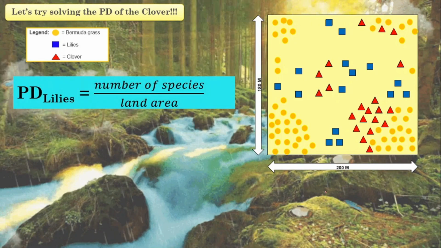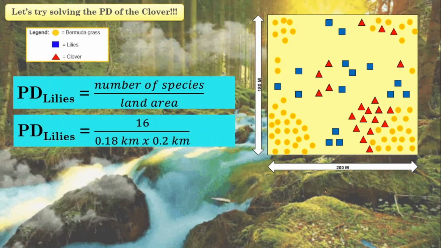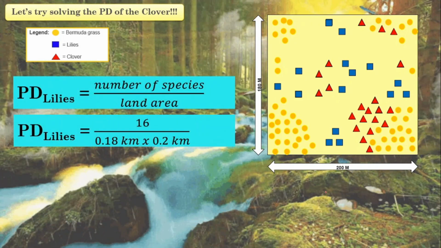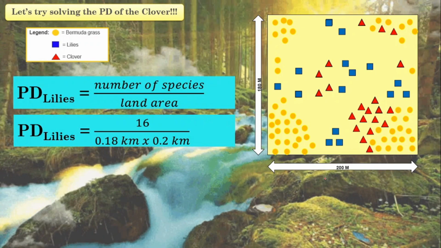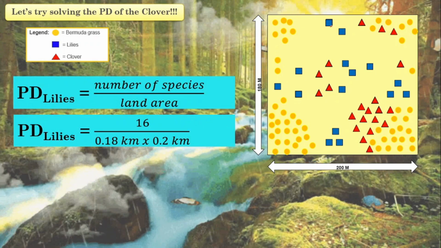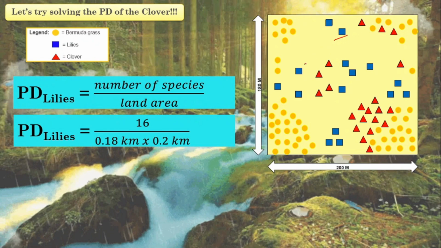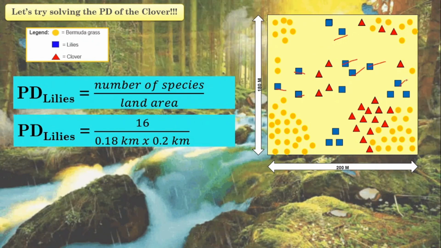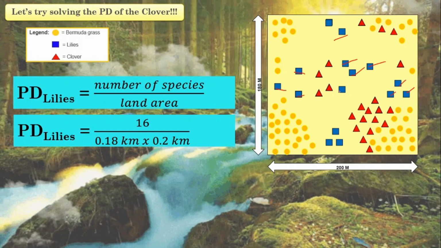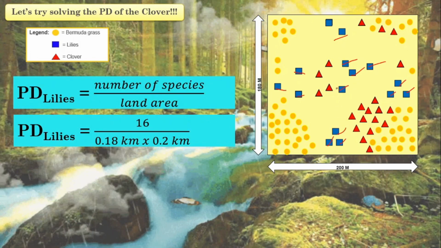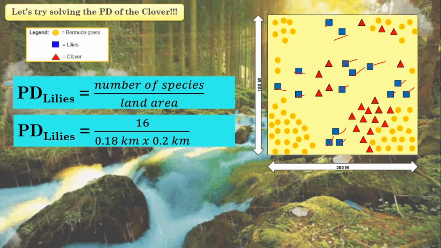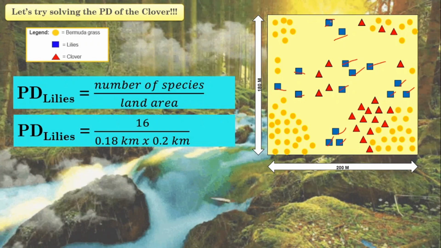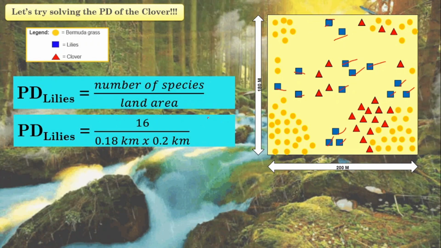And for the lilies, the number of lilies in this diagram is 16. 1, 2, 3, 4, 5, 6, 7, 8, 9, 10, 11, 12, 13, 14, 15, and 16. The one behind that blue square, so 16.